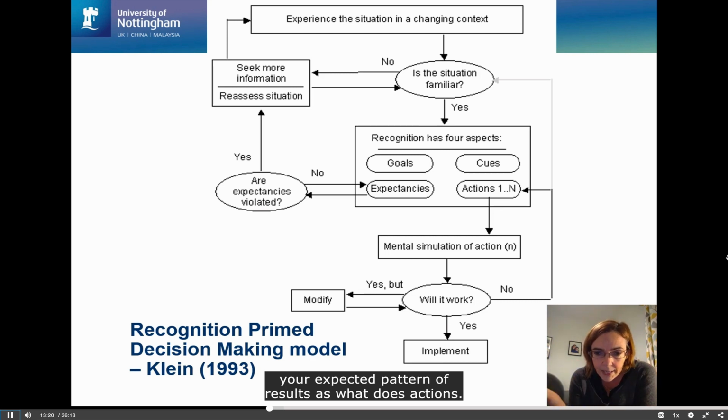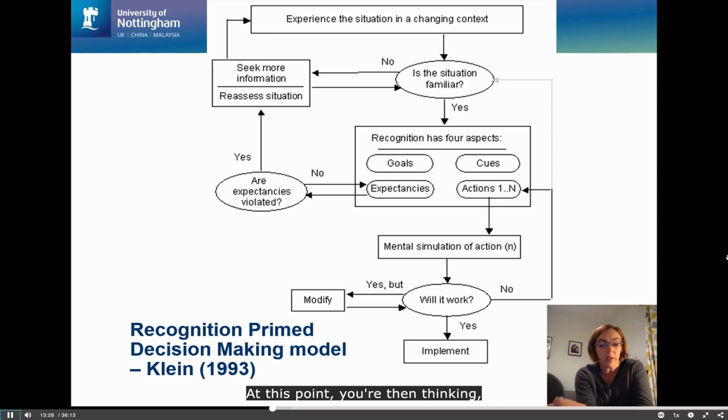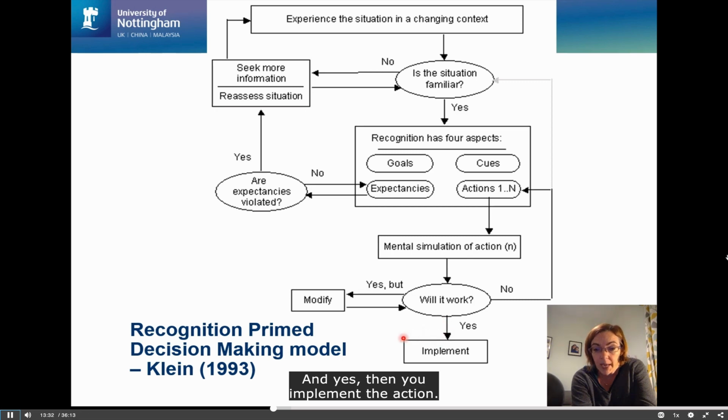As well as actions, one of the things that you would do first of all is mentally simulate what the impact of the action might be. And at this point, you're then thinking, well, will it work? And if yes, then you implement the action. If no, then you come back and you try more and more actions. So you're feeding through this way.